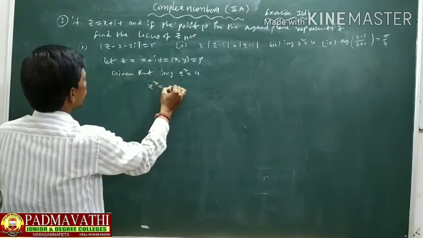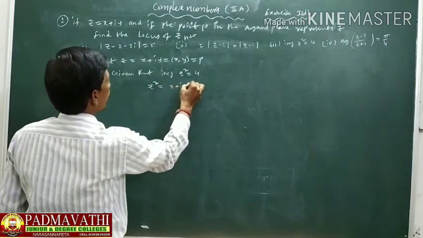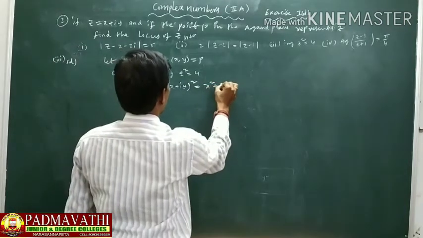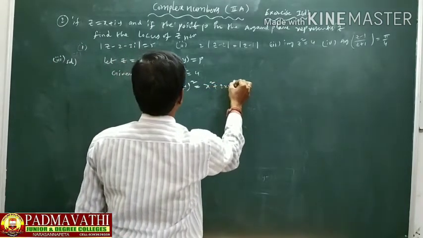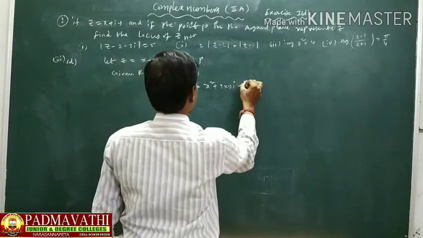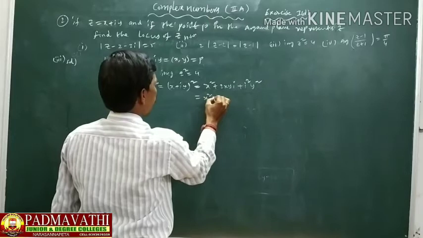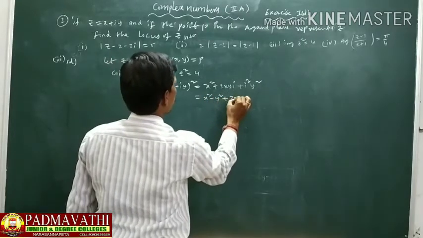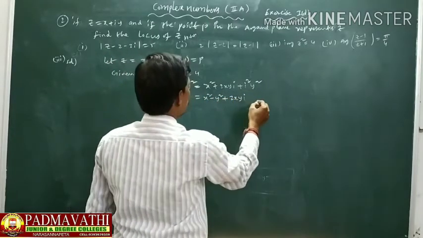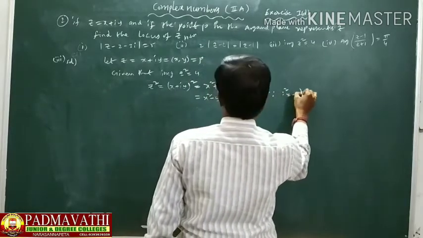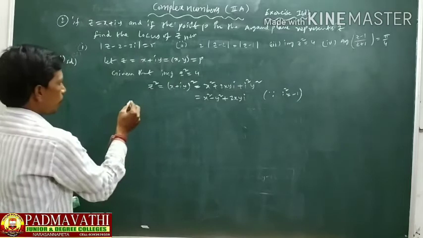Z square equals (x plus iy) whole square, that is x square plus 2xyi plus i square y square, that is x square minus y square plus 2xyi, since i square equals minus 1.